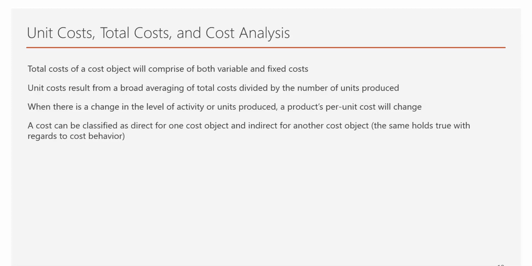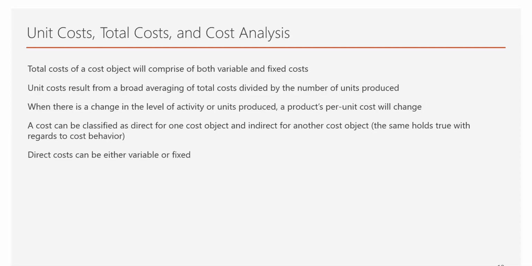So now costs can be classified as direct for one cost object and indirect for another cost object. And the same holds true in regards to cost behavior. It depends on the cost object whether a particular cost can be easily traceable to that or not easily traceable to that.